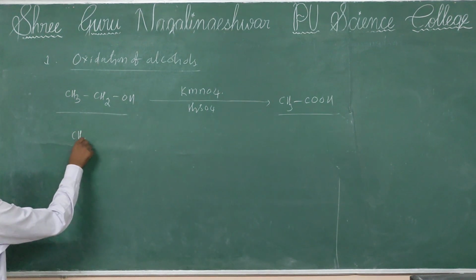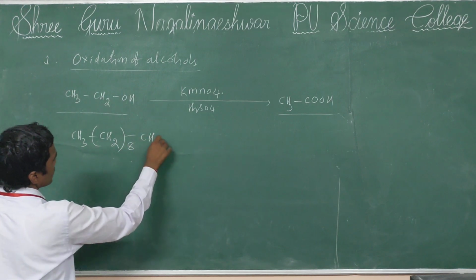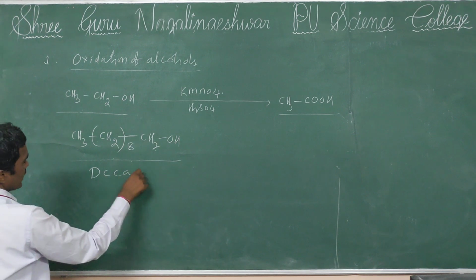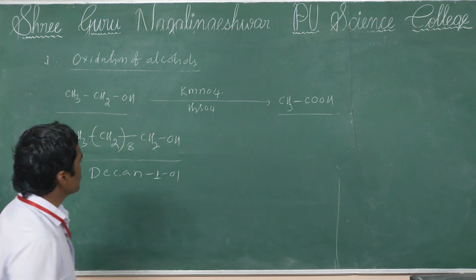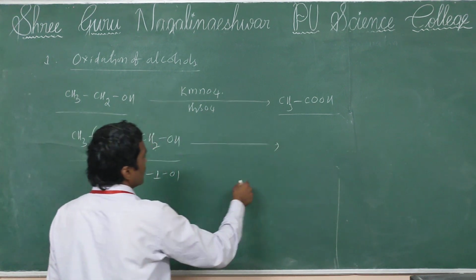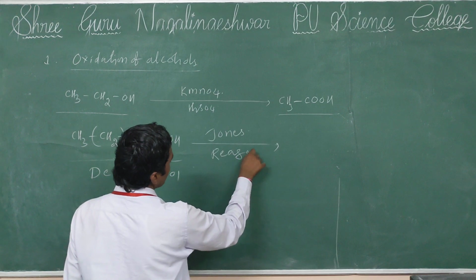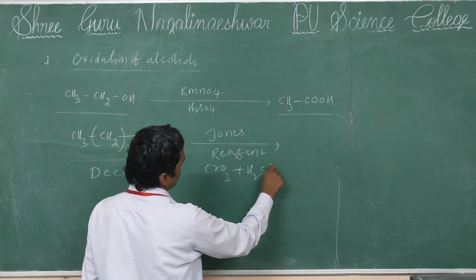For example, I am taking decanol, the 10-carbon primary alcohol. Decanol reacts with Jones reagent. You already know the Jones reagent is CrO3 plus H2SO4.